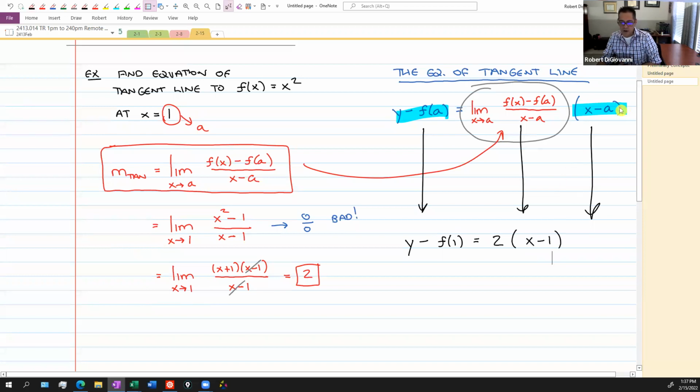That's just me replacing all the a's with 1s here. Everyone understand that this 2 we did over here on the left-hand side? f of 1 is 1 squared, which is still 1, and then over here I'm going to distribute the 2 through, and then I'll add 1 to both sides. That'll give us a final equation.